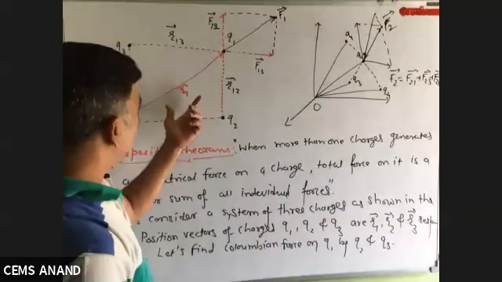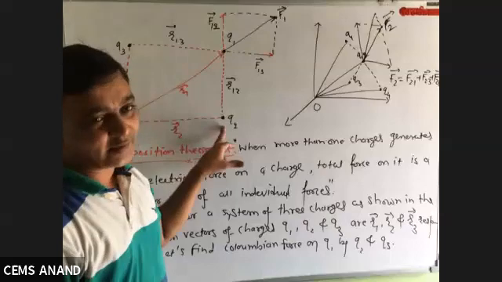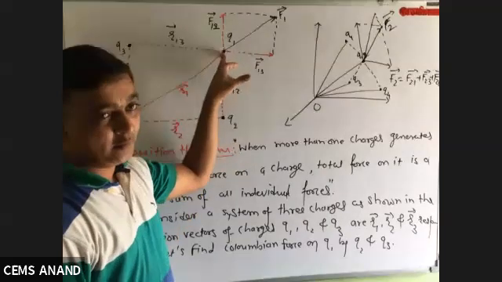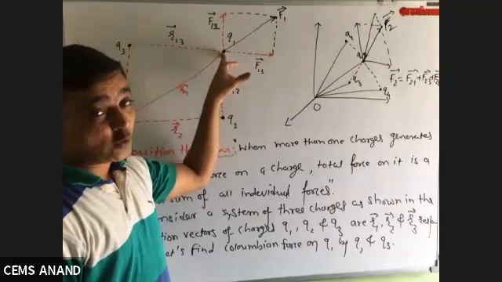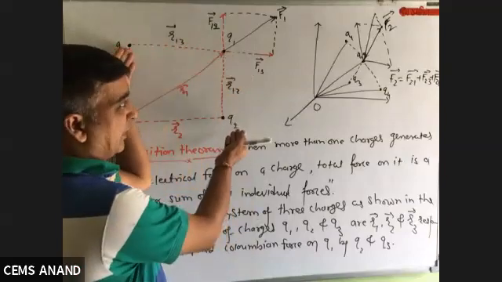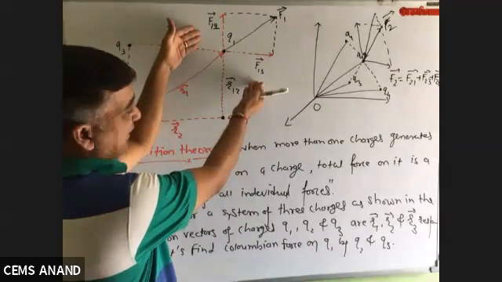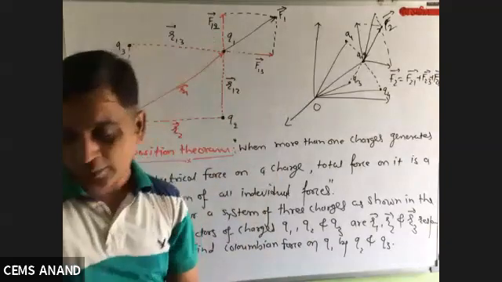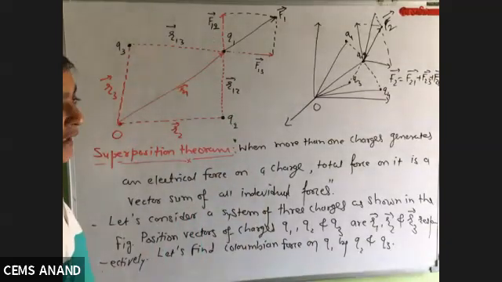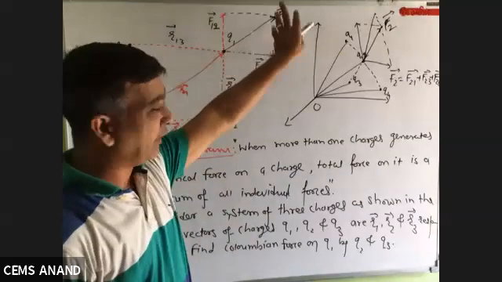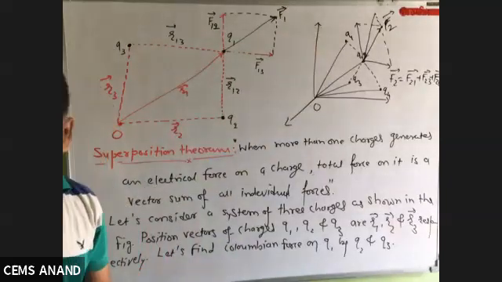Similarly, here we have only 2 charges except that one. So the force on 1 is because of these 2. That's why we just need 2 vector forces, F12 and F13, and by adding them, we can get our formula for F1 that we asked.